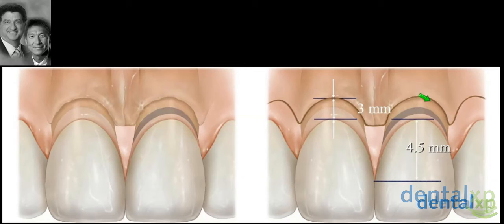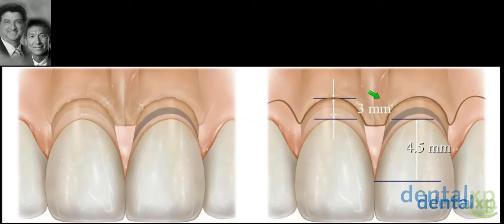So what you see here is that the papilla, being soft tissue, doesn't always follow the bone. In fact, our colleague on the other side in Atlanta, David Garber, always says the bone sets the tone. I always love that. And in general, it does. But why does the bone not set the tone completely here? Why is it a 4.5 millimeter scallop on the soft tissue and a 3 millimeter scallop on the bone?